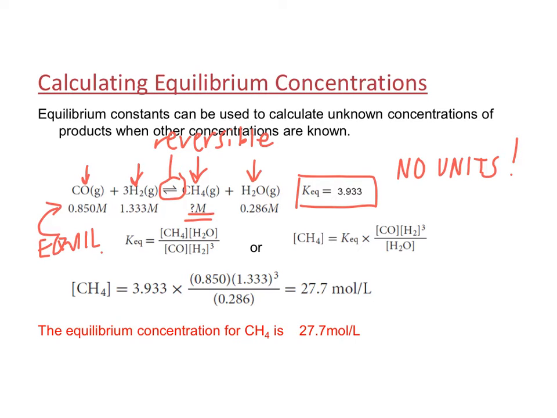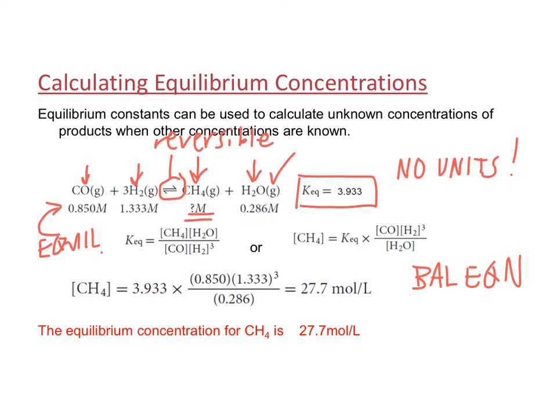First, we want to check and make sure that we have a balanced equation. If you take a look at that, it appears to be balanced, so that's good. We want to write the equilibrium constant expression.